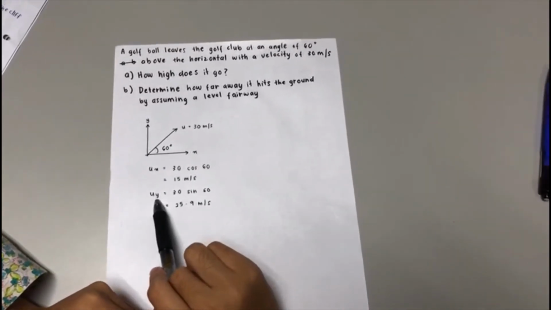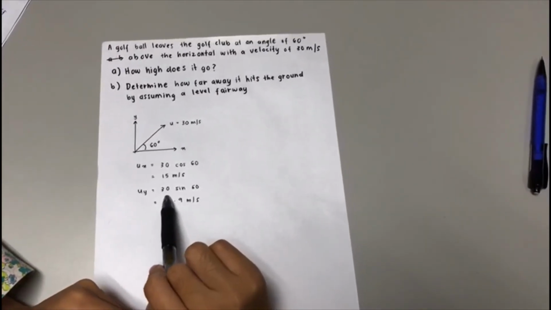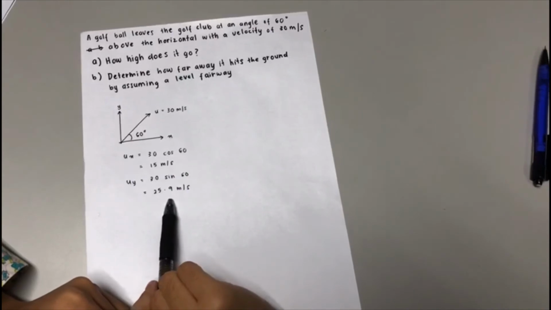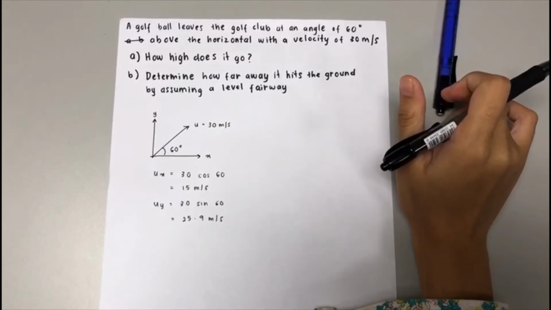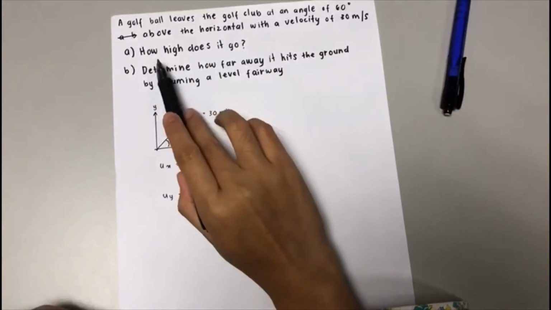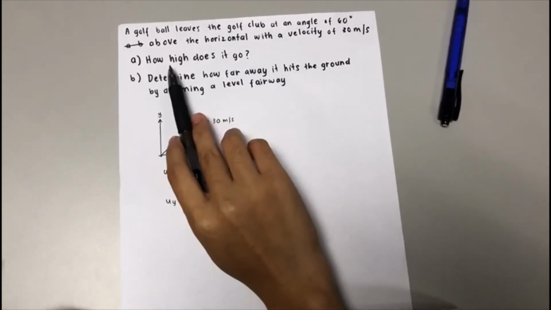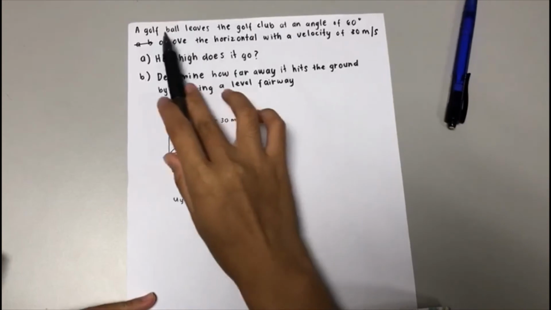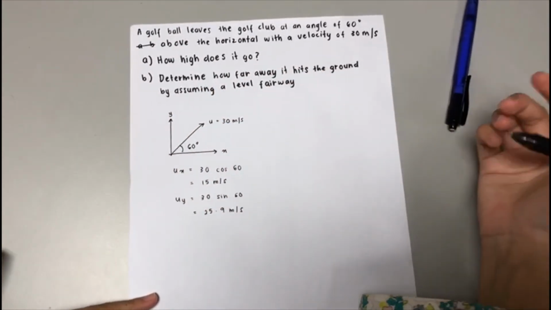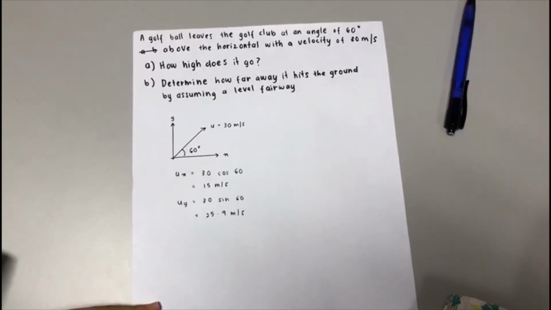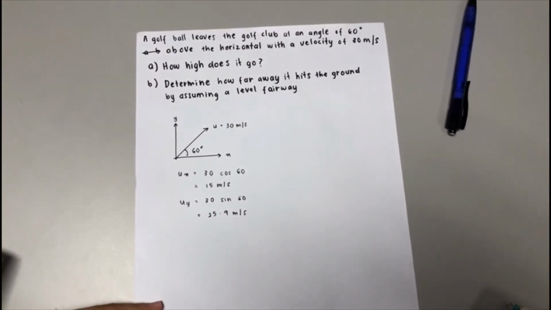For the uy, we get 30 sin 60 and we get 25.9 meters per second. Okay, for the first question, how high does it go? The question wants to know how far the golf ball goes vertically. So how far means the distance, so we need to use the distance formula.